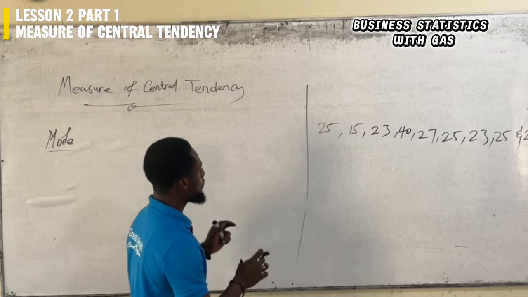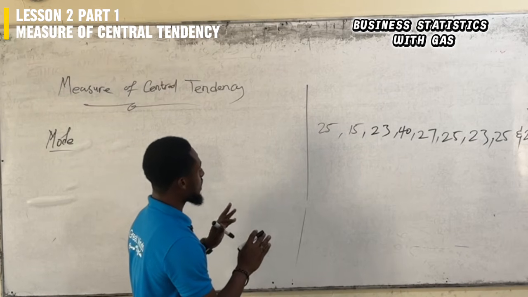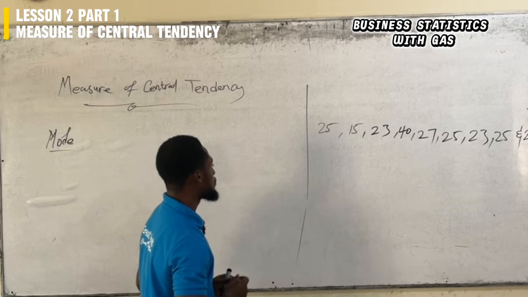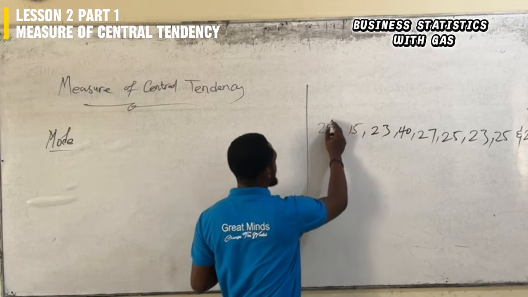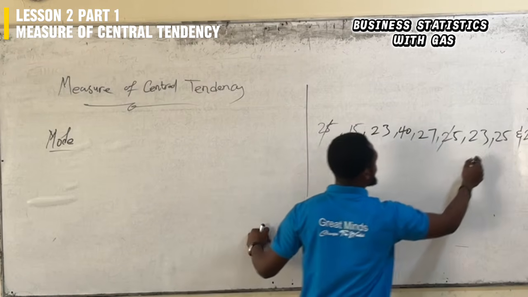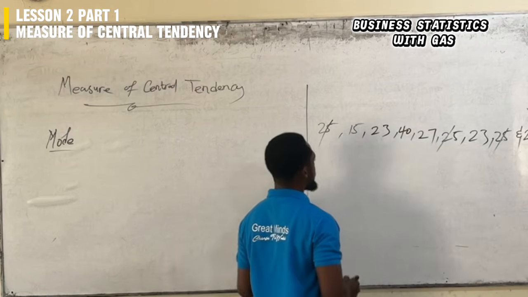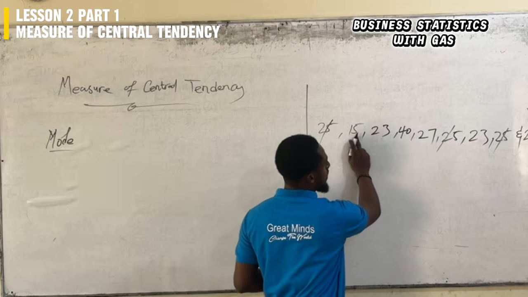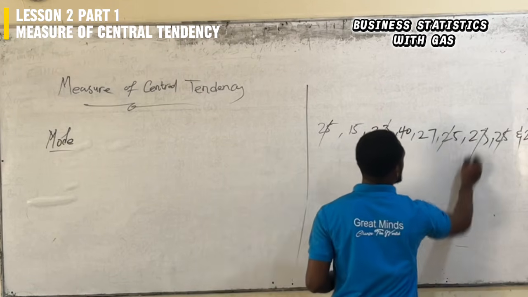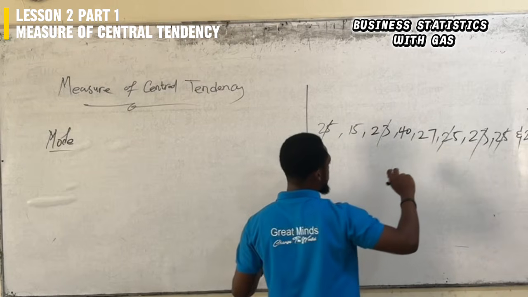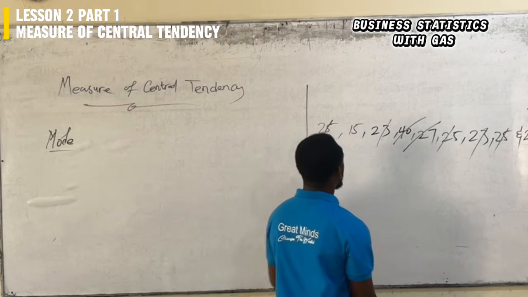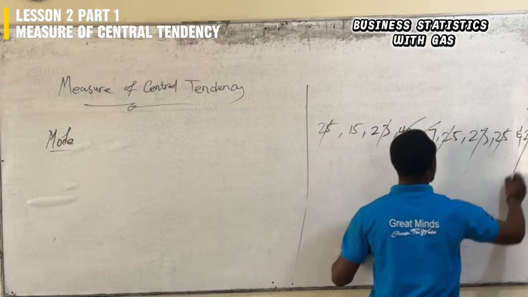You can look at the most occurring figures, then you take it up. So let's count. 25 appears 1, 2, 3 times. 15 appears once. 23 appears twice. 40 appears once, 27 appears once, and 20 appears once.